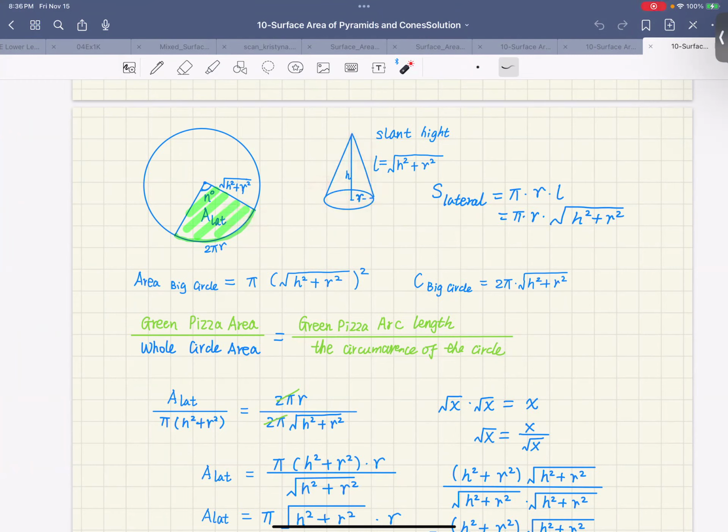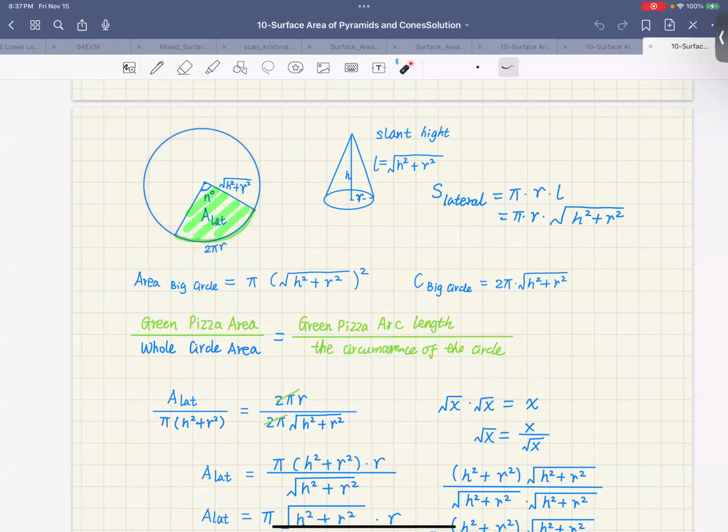Yes. You already did the hands-on activity. You agree, if you cut this open, you come to this. So we want to calculate that area. How do we get this area? Watch out here. This area divided by this whole circle area equals this length divided by the whole circle length.